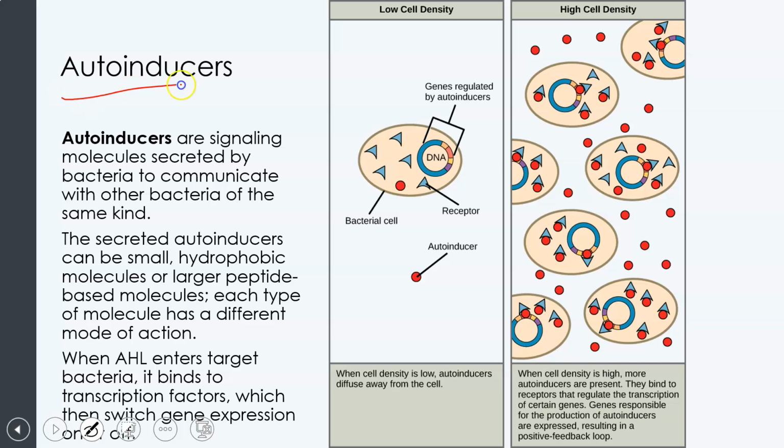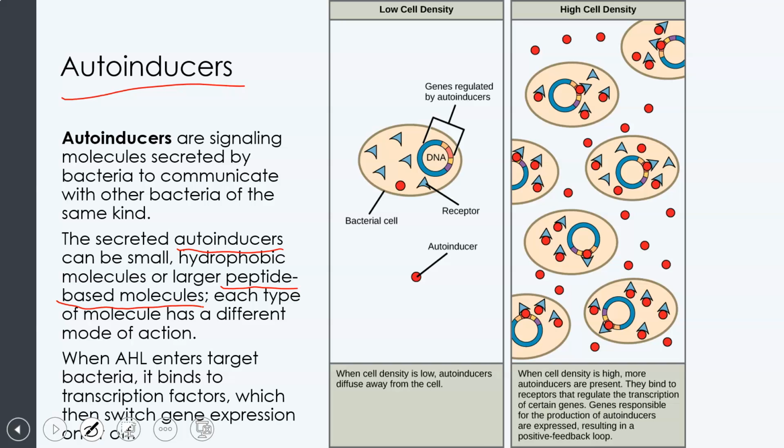Autoinducers are signaling molecules or ligands secreted by bacteria to communicate with other bacteria of the same kind. The secreted autoinducers can be small, hydrophobic molecules, which can pass directly through the phospholipid bilayer, or they can be large peptide-based molecules that must bind to a receptor on the cell surface.